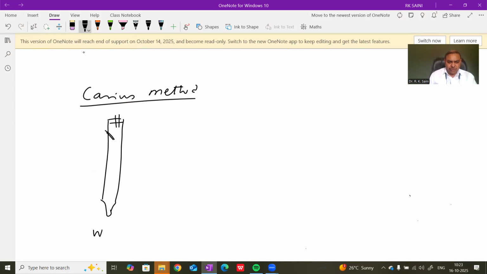Suppose the weight of the Carius tube is W1, then we add some amount of organic compound, and the final weight of the Carius tube is W2. Therefore, the weight of organic compound is W2 minus W1. We take a very small amount of organic compound, so we use the weight of the Carius tube to find the actual weight of organic compound during the experiment.